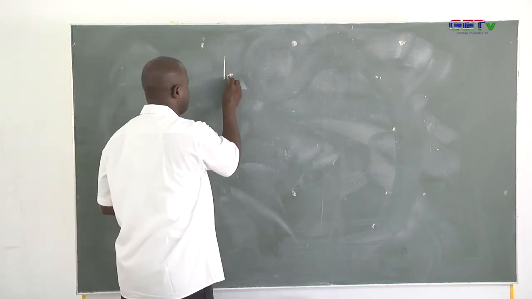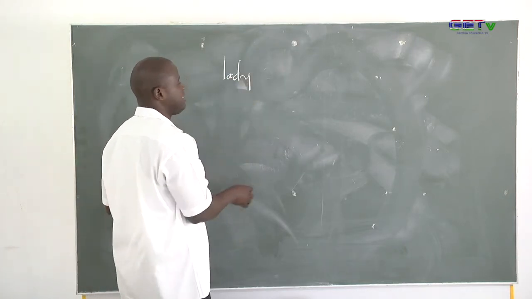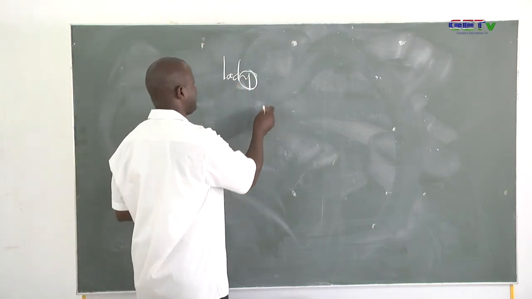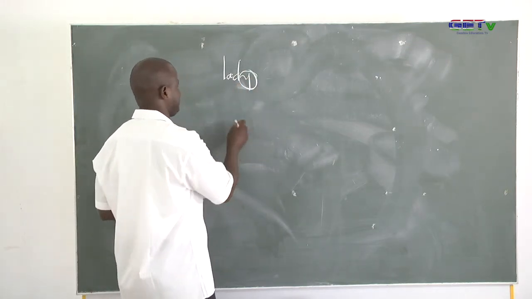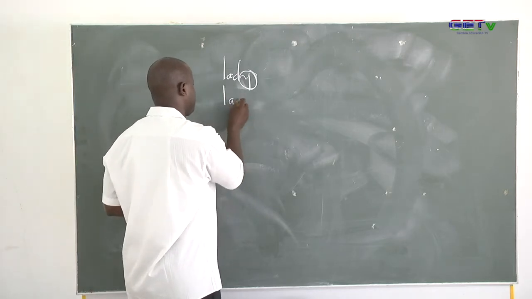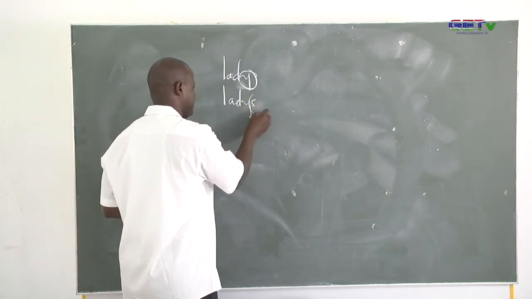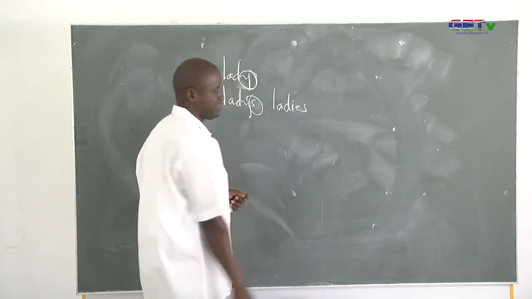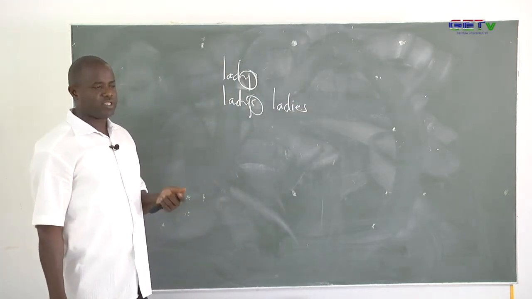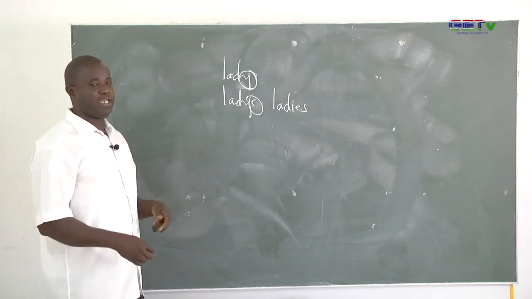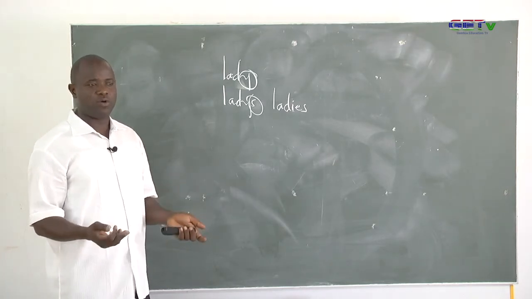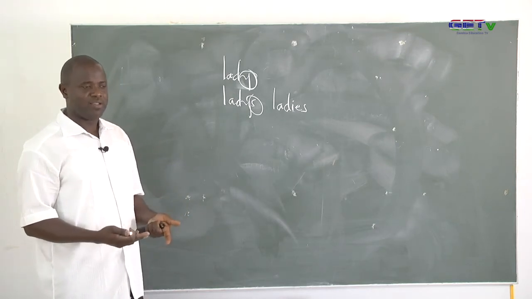For example, you have a word like this, lady. You want to make it plural, you change this y to i, then what do you do? You add es. So instead of writing lady with s like this, you have to do this: ladies.